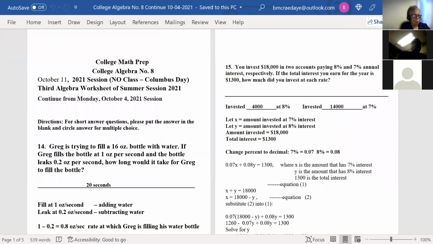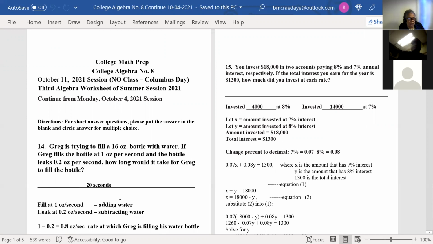Okay. So there's 14. Greg is filling a 16-ounce bottle with water. So he fills at a rate and then it leaks at a rate. If he fills at 1 ounce per second and the bottle leaks at 0.2 ounce per second, his actual rate is going to be the difference between the rate of adding the water and the rate at which he's leaking.